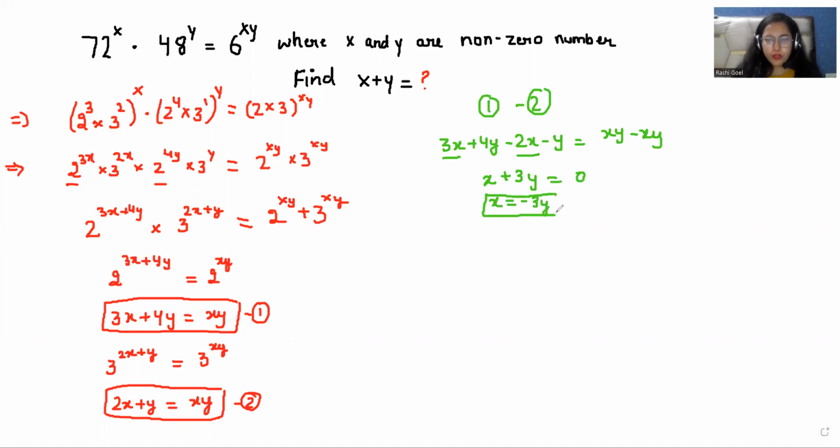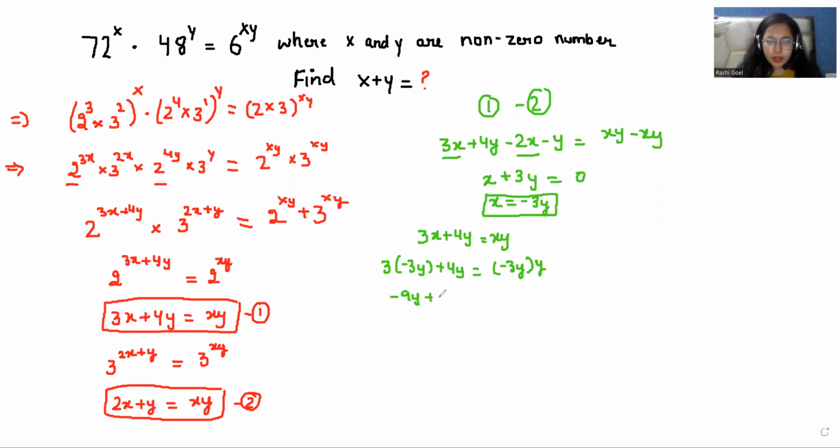Now I'm going to put the value x equals minus 3y in equation number 1. So 3x plus 4y is equal to xy. So 3 times minus 3y plus 4y is equal to xy. Here in place of x, I can also write minus 3y times y.